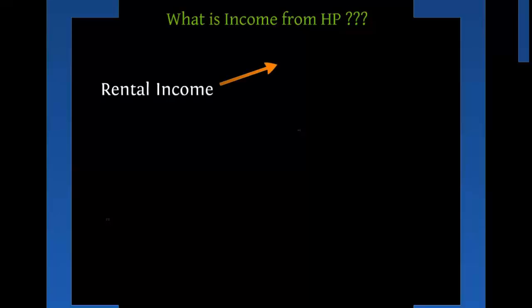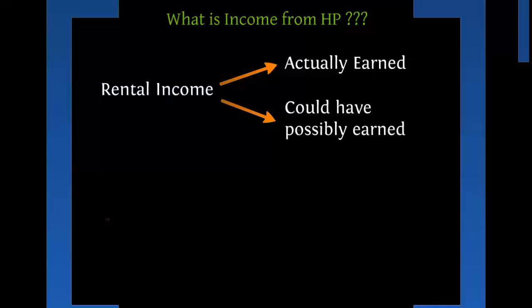Now this rental income might have been actually earned by you or could have possibly been earned by you. Now what does this mean? It means that it is possible that you actually haven't received any rental income, but it could have been possibly earned by you had you given out your vacant house property on rent.